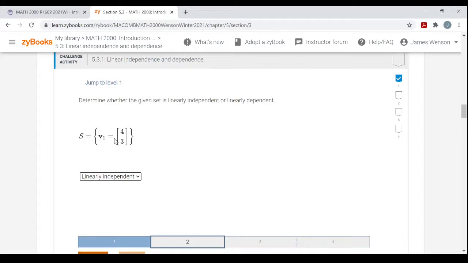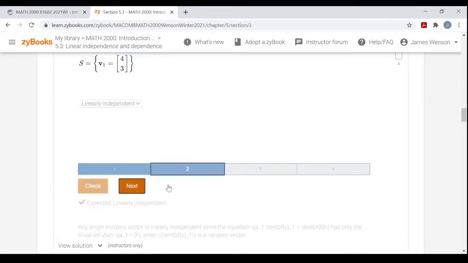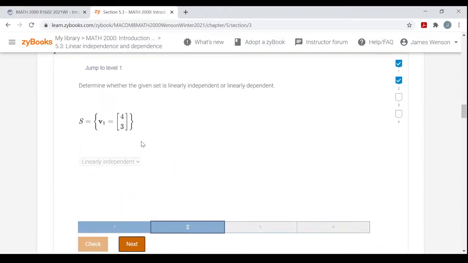The only solution to that equation would be the trivial solution. So these are independent. A set with one vector is definitely independent, unless it's the 0 vector. If it was just the 0 vector, it'd be dependent. Remember, any set with a 0 vector in it is dependent.